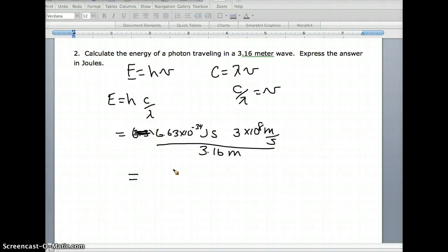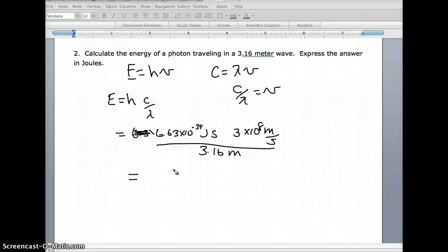So if you actually do the math, you'll punch in the numbers on your calculator, 6.63 EE negative 34th, multiplied by 3 EE to the 8th, and I get 1.99 times 10 to the negative 25th.